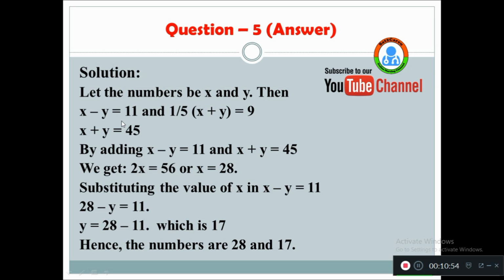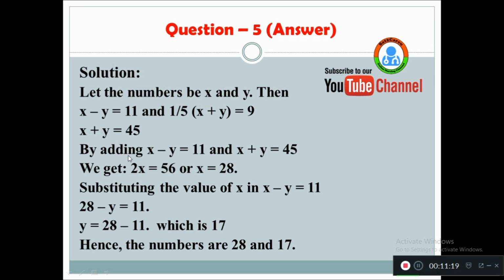Now you can see that x + y is equal to 45. So this equation we can write like this: x + y is equal to, this 5 goes to this side and it becomes multiplication. So 9 into 5, 45. So now we have two equations: x minus y is equal to 11, x plus y is equal to 45.